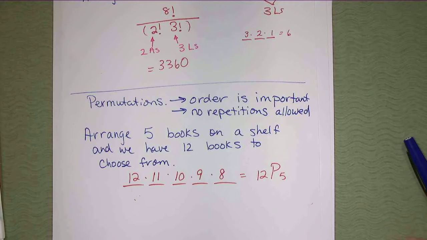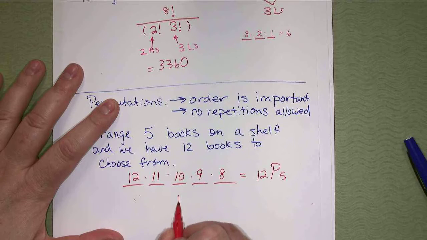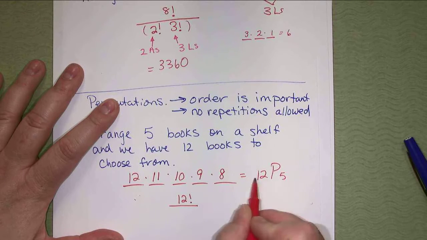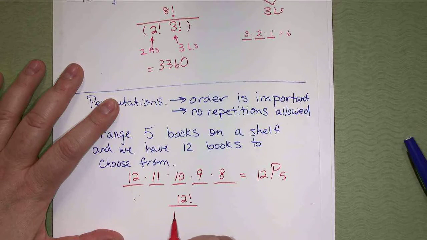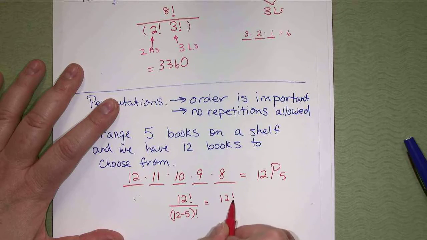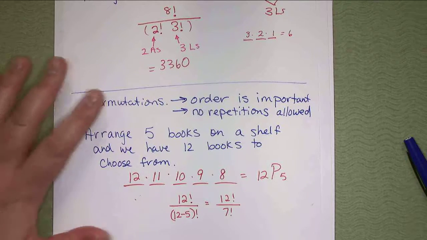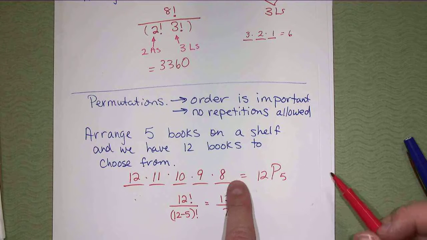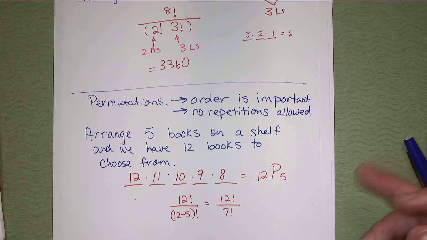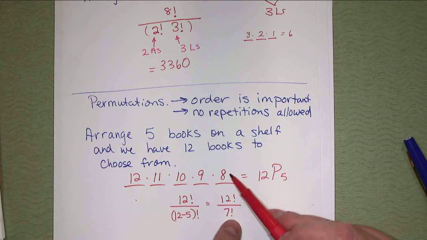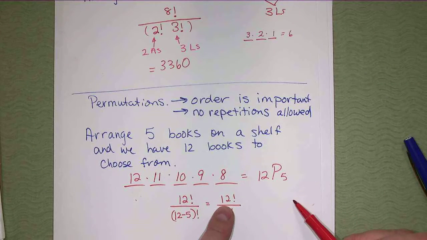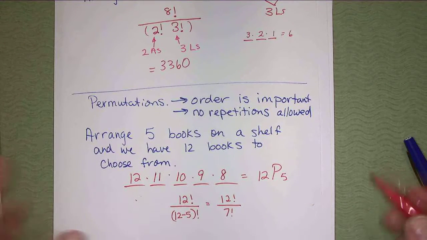So the actual formula itself, why is there a divide there? Because if you write 12 factorial and then we subtract them, 12 minus 5 is what? Right, it's getting rid of the 7, 6, 5, 4, 3, 2, 1. That's what it's doing. So it's saying 12 factorial, and that goes all the way down 3, 2, 1, and then cancel off everything. Does that make sense?